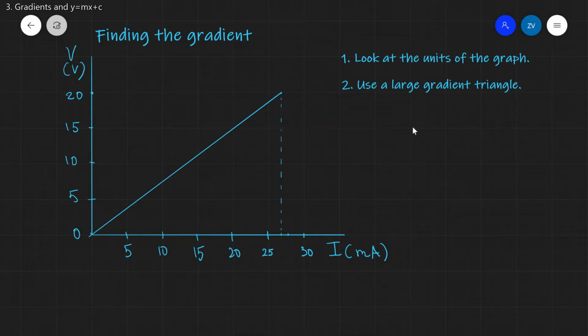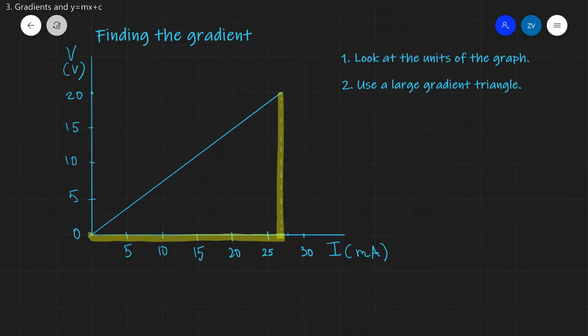The second rule is that whenever we are looking to find our gradient, we need to use as large a gradient triangle as possible. For instance, my gradient triangle in this case is pretty much all the way along here, and that is as large as possible. So let's actually calculate the gradient.